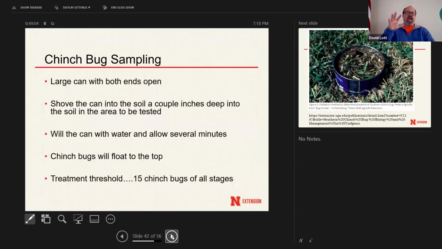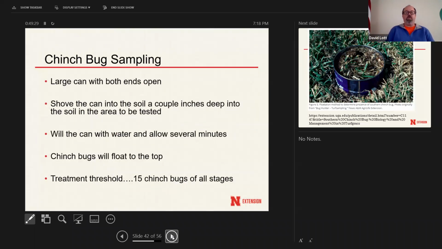So you take a large can, a coffee can works perfectly fine, open both ends, and you're going to shove that coffee can down into the ground where you think there's damage. You're going to go a couple inches deep into the soil, and you're going to fill it with water, and you're going to let everything bubble up to the top, let it sit for a couple minutes, and your chinch bugs will float to the top.